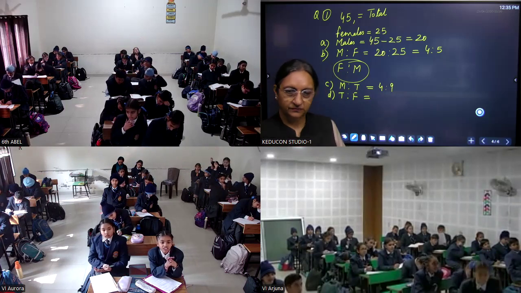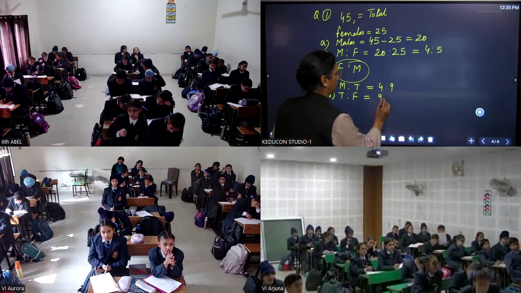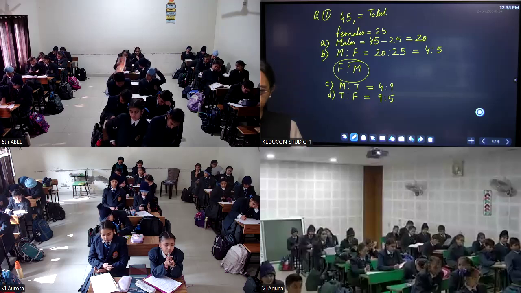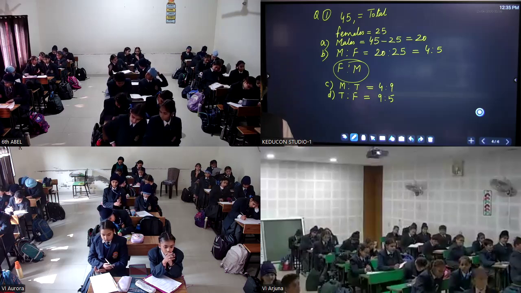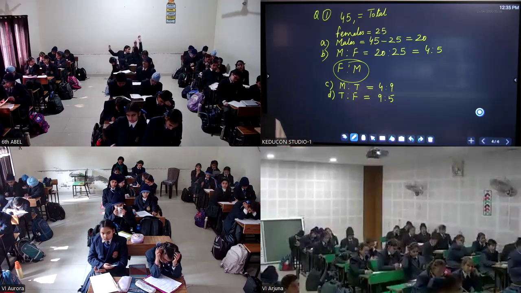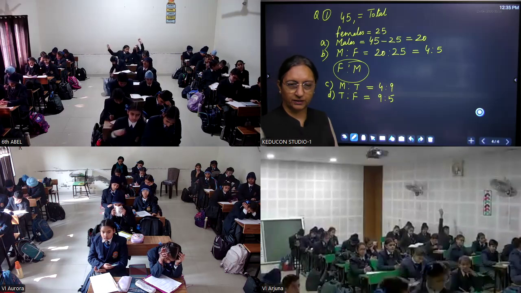Ma'am, 9:5. I hope everybody has got it and you are writing all the answers in lowest form, right? Okay. Can you tell me E also? Give two equivalent ratios of the ratio of numbers of males to the number of females.